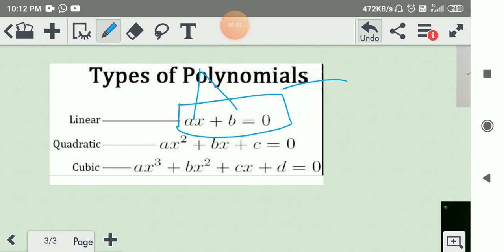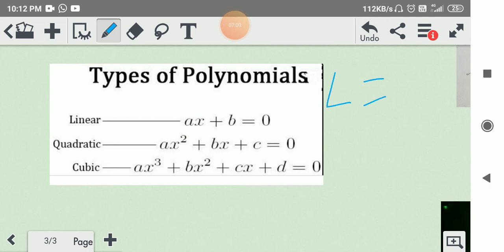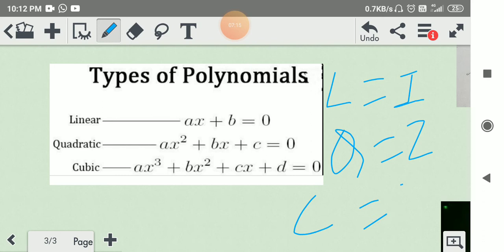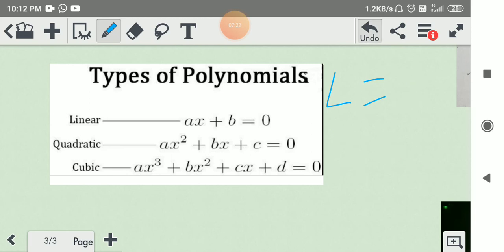Types of polynomials: first, linear. Linear has 1 power, quadratic has 2 power, and cubic has 3 power. This is the difference between linear, quadratic and cubic equations.